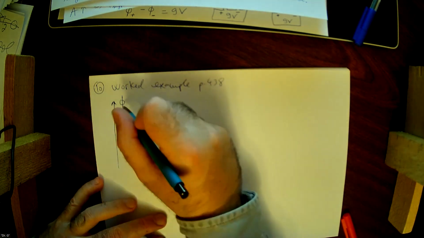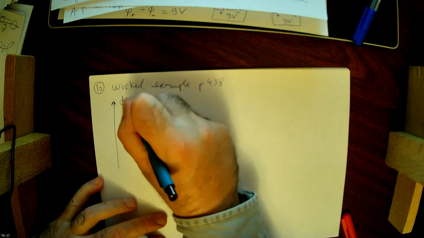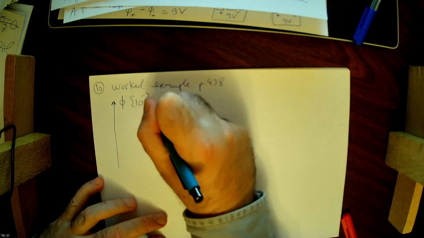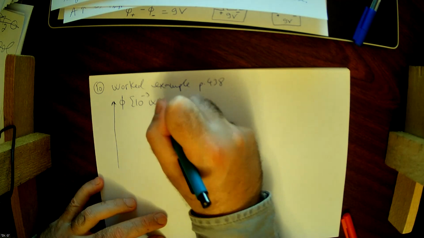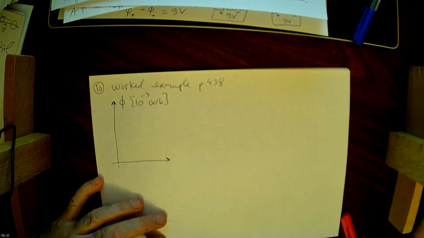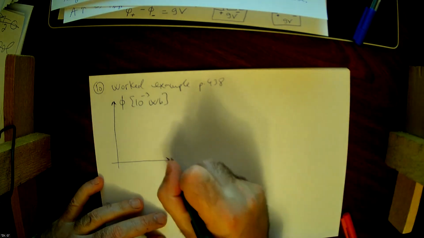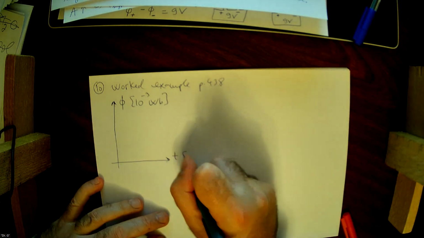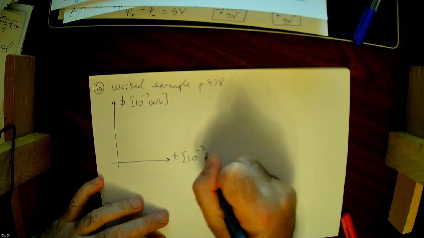The magnetic flux in 10 to the negative third Webers. The time in 10 to the negative 3 seconds.